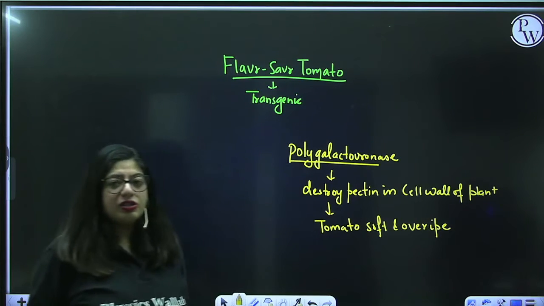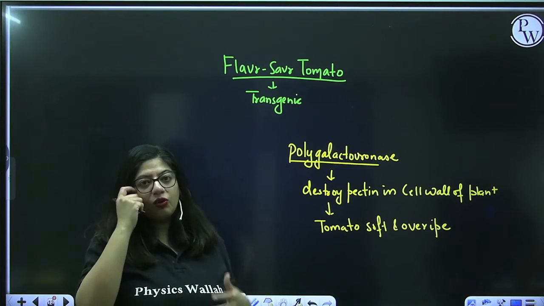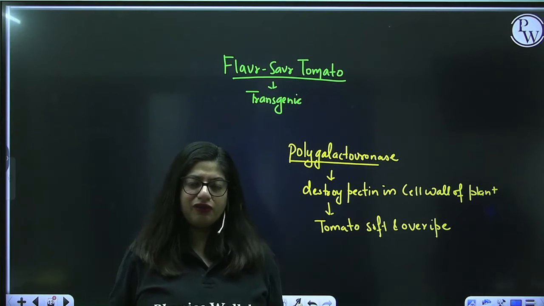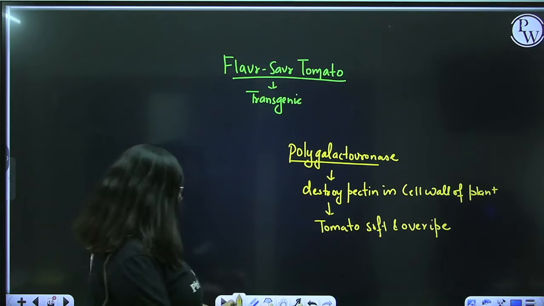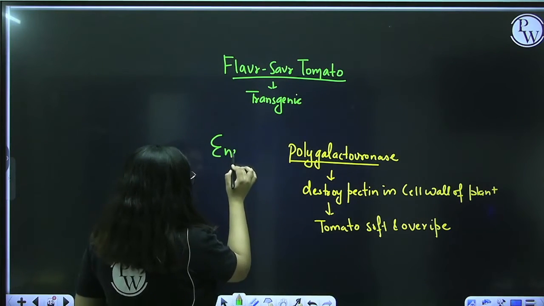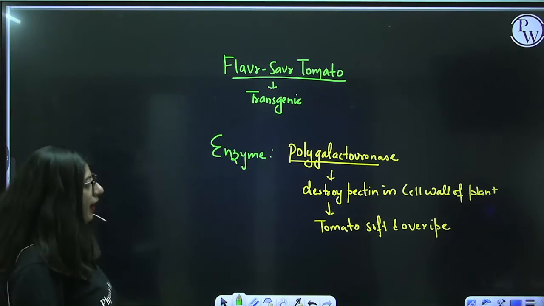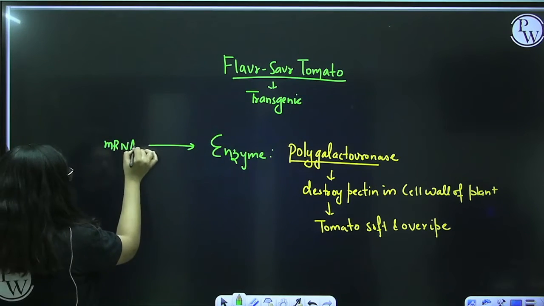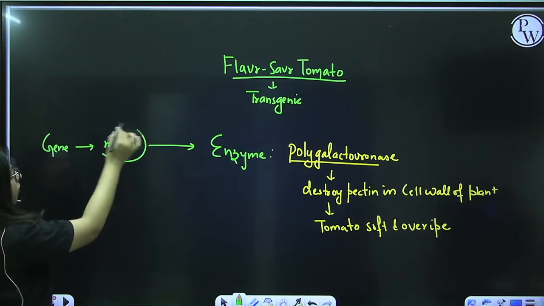So the problem was this enzyme, the one which is making it overripe in a shorter duration of time, because it is destroying the pectin in the cell wall of the plant, and the tomato becomes very soft. Okay. And you all know enzymes are usually proteins, and this enzyme is produced from mRNA, and mRNA is produced from a gene. If mRNA is involved, why not silence it?